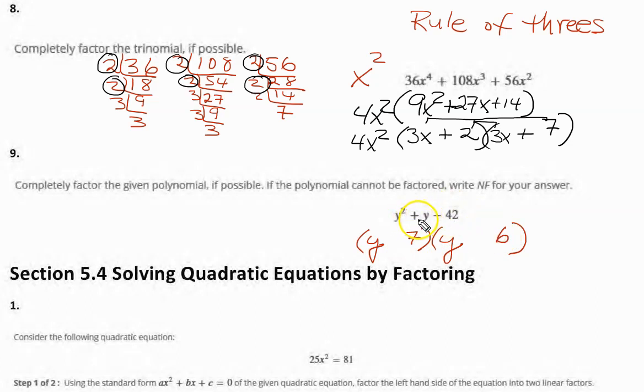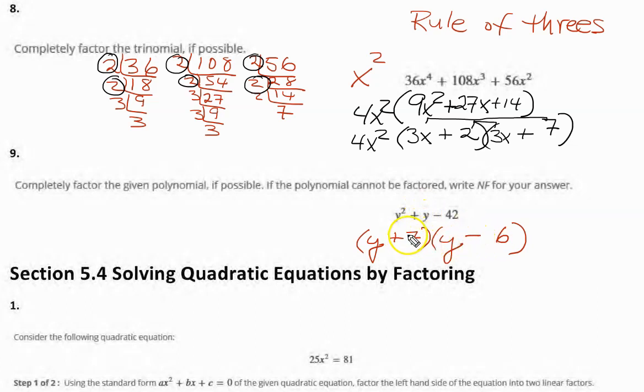Now my middle term is a plus here. So when I do my inners, I need a positive number, which will be a 7y, and my outers a negative 6y. That adds up to a 1y.